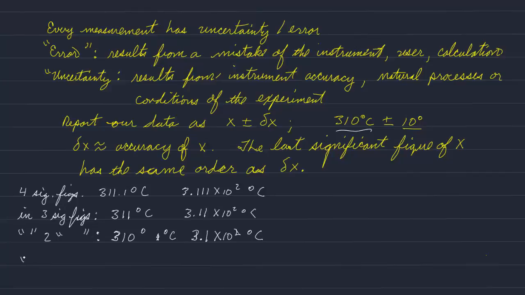And certainly if we wanted to write that in terms of 1 significant figure, we would round to the nearest hundreds in that case, and that's 300 degrees C, or 3 times 10 to the 2 degrees C, just to remind us what significant figures are.